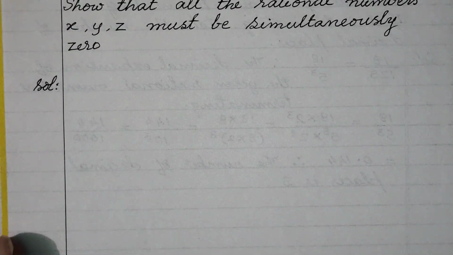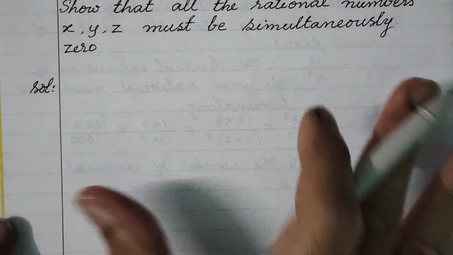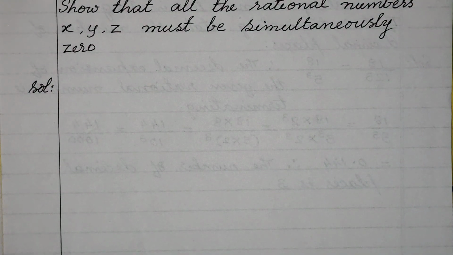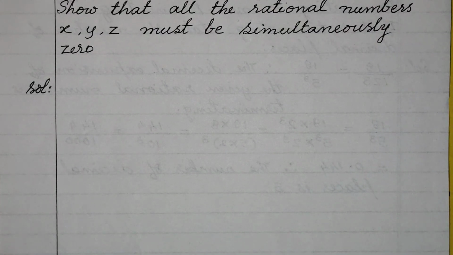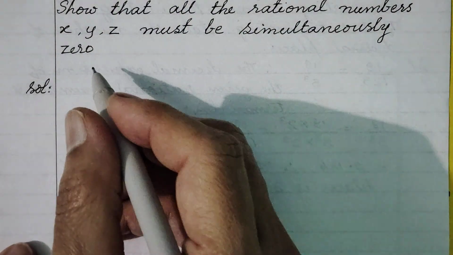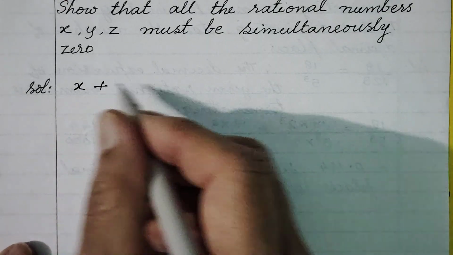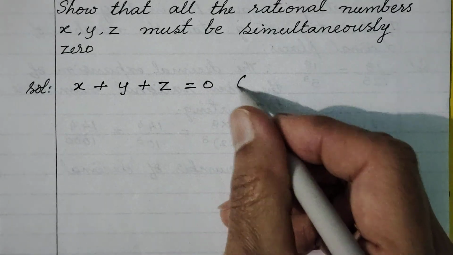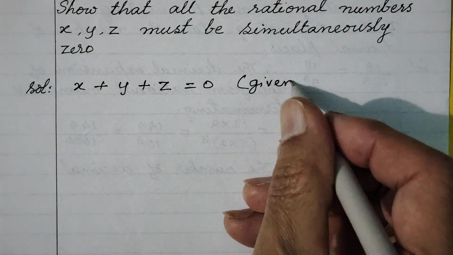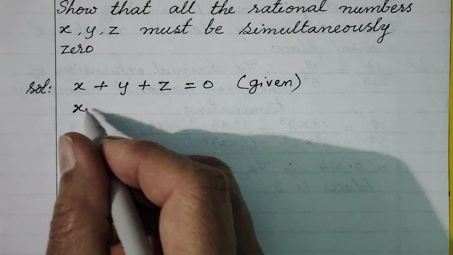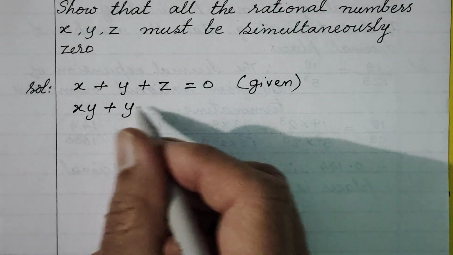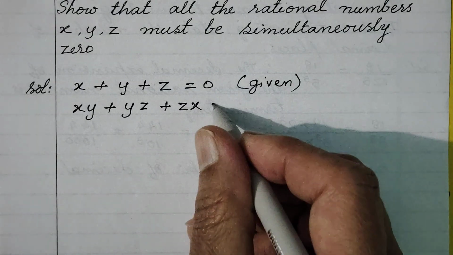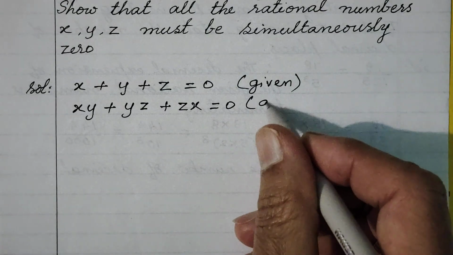So x plus y plus z equal to 0. It is given to us. And xy plus yz plus zx is also equal to 0. It's also given to us.